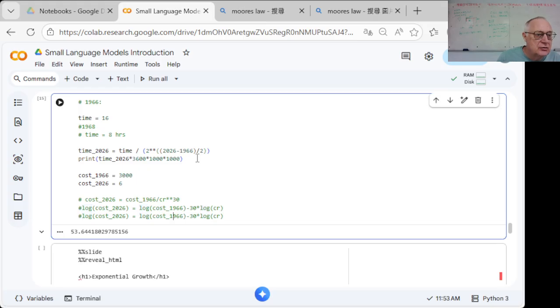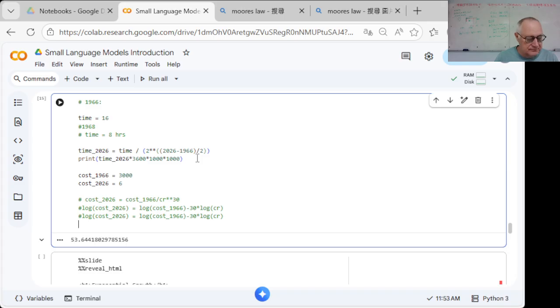So now I want to solve for the log of CR, which will be divided by 30.